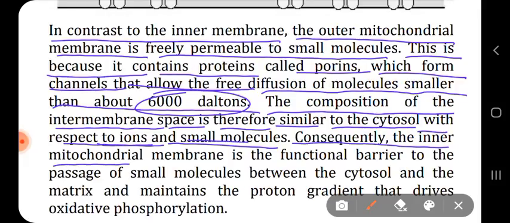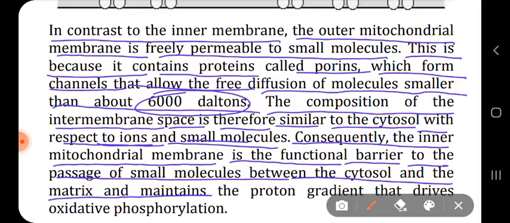Consequently, the inner mitochondrial membrane is the functional barrier to the passage of small molecules between the cytosol and matrix, and it maintains the proton gradient that drives oxidative phosphorylation. Because the inner mitochondrial membrane is selectively permeable, it acts as a wall for the passage of small molecules between the cytosol and the matrix. That's why it maintains the proton gradient that drives the oxidative phosphorylation process.